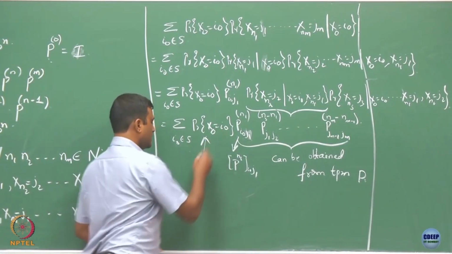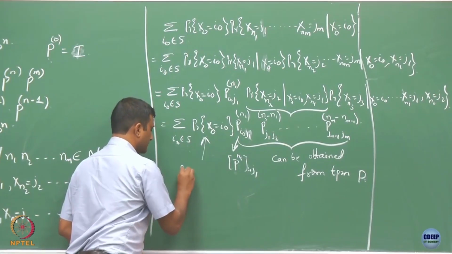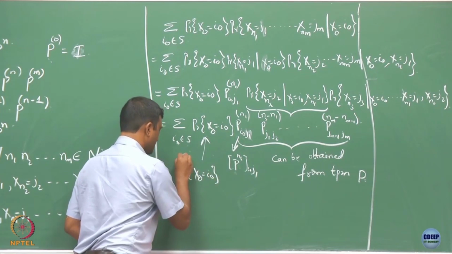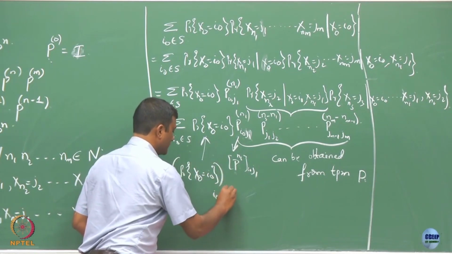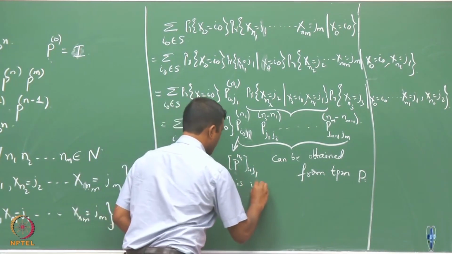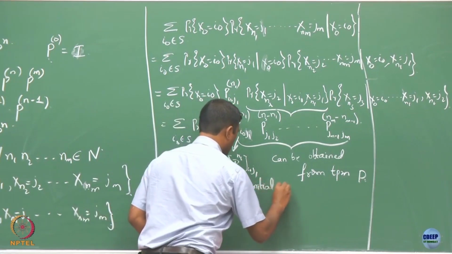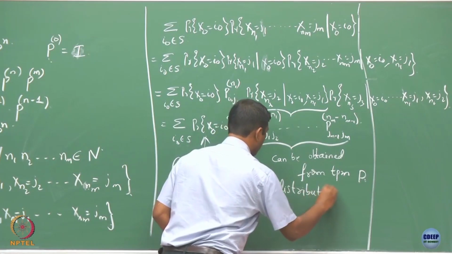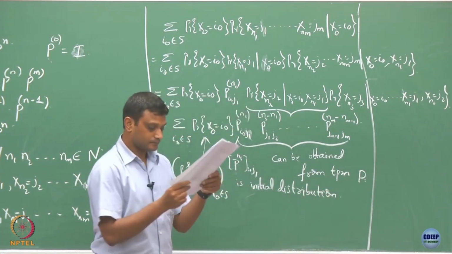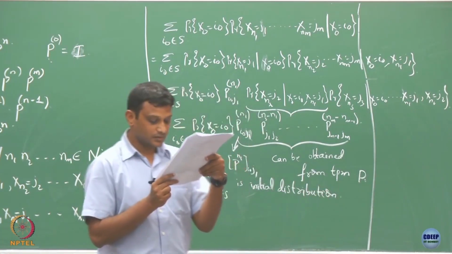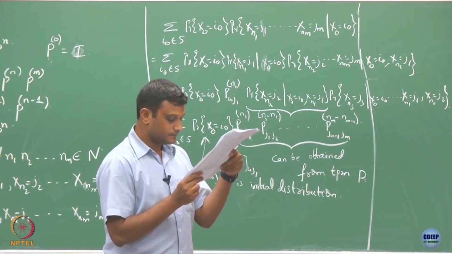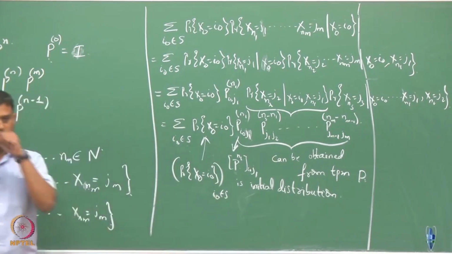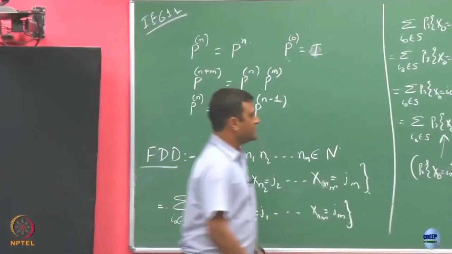This is called the initial probability distribution, where i0 belongs to S, and often this is denoted as pi.